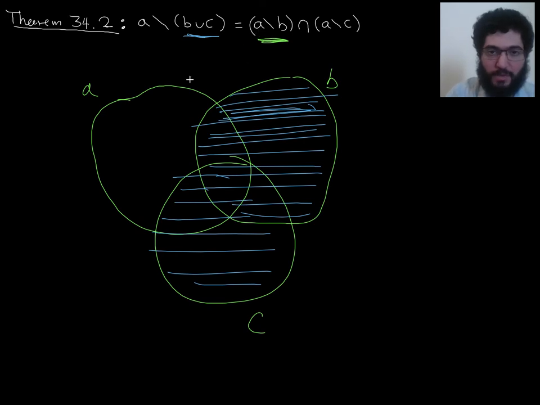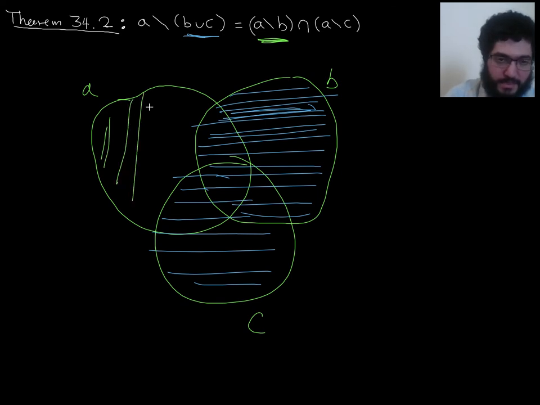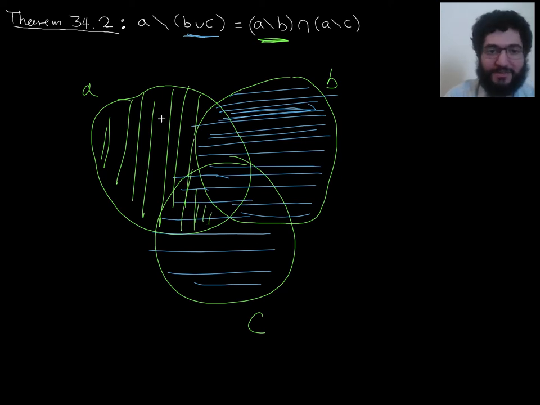So A without B would be everything that's in A that is also not in B. So it would consist of these things. So basically take A and then let B bite a chunk out of it. And then what you're left with is A without B. And then A without C, let's do that one in red. That would be everything that's in A but with C taking a chunk out of it. So in A but not in C.